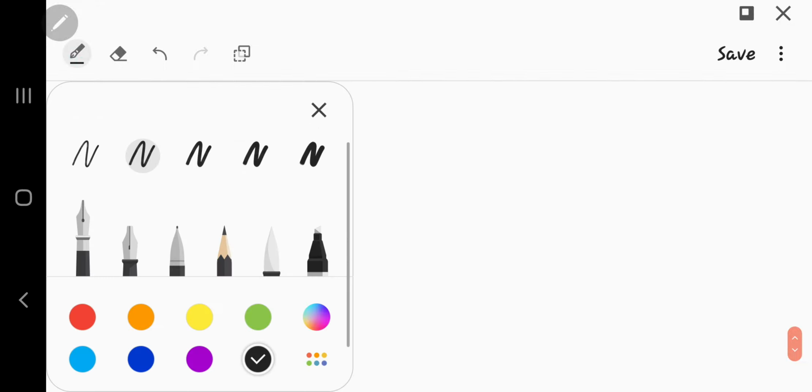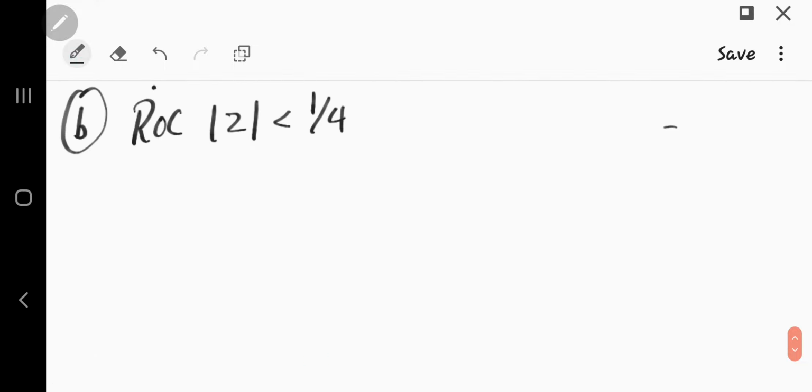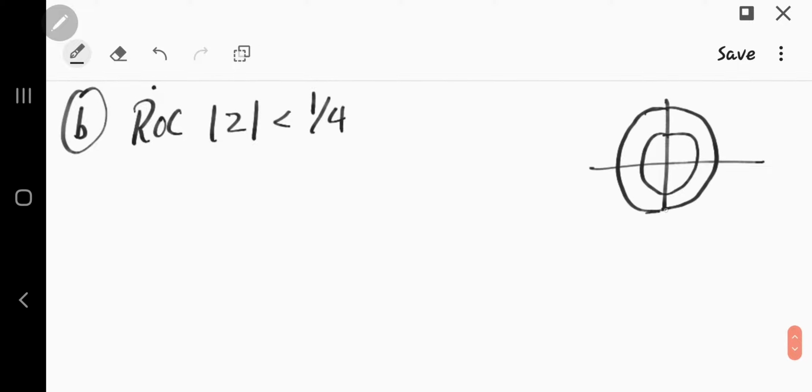It says we have two circles with radius 1 by 2 and another one with radius 1 by 4 in the z plane. So this is the circle with radius 1 by 4 and this is the circle with radius 1 by 2. This is just for illustration. Now this is 1 by 2 and this one is 1 by 4.